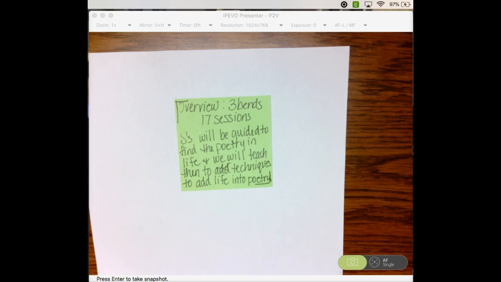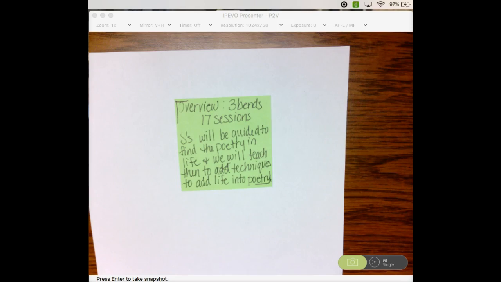So it's not going to be about following a graphic organizer and using that graphic organizer to help you teach poetry. It's going to be about getting kids to start thinking and reading and viewing things through a poet's eyes. So the students, really what they're going to do is, this is 3 bends, 17 sessions.